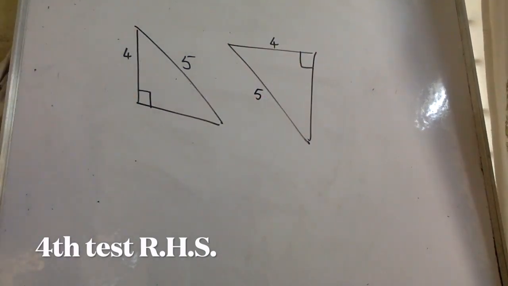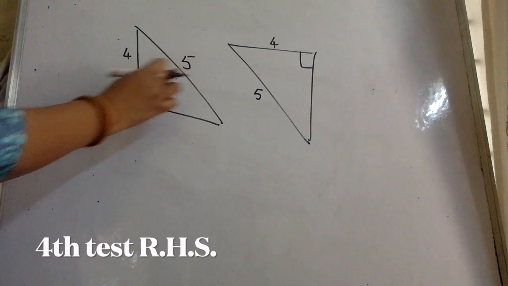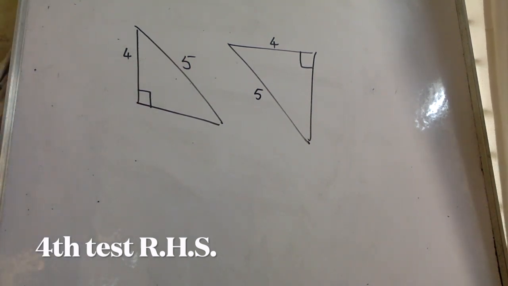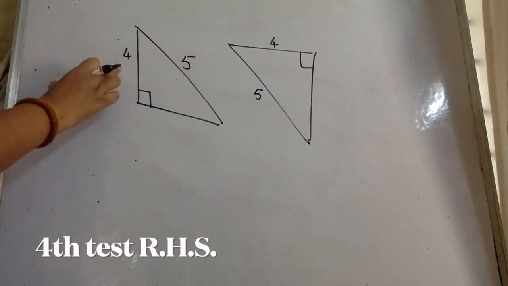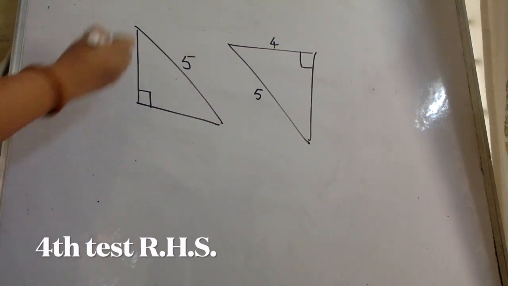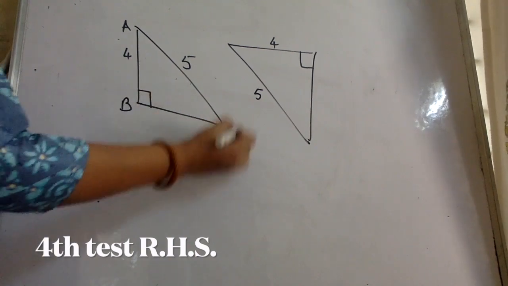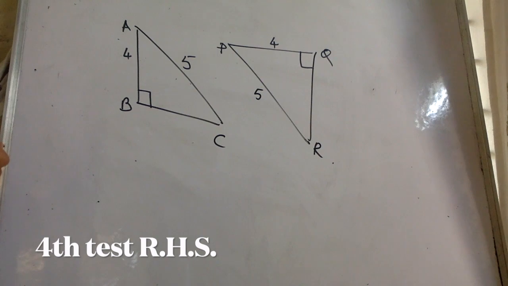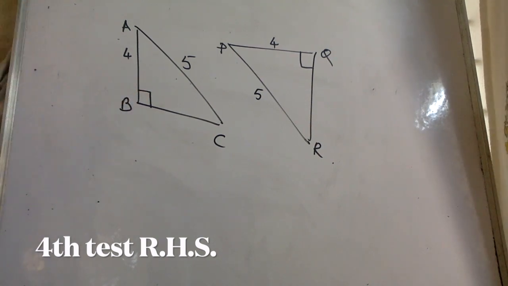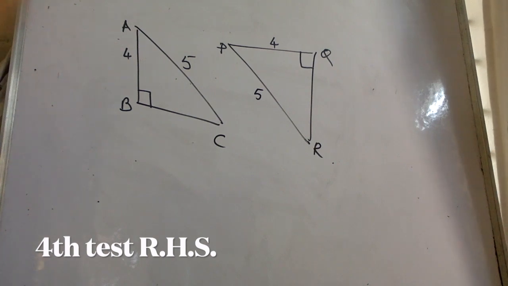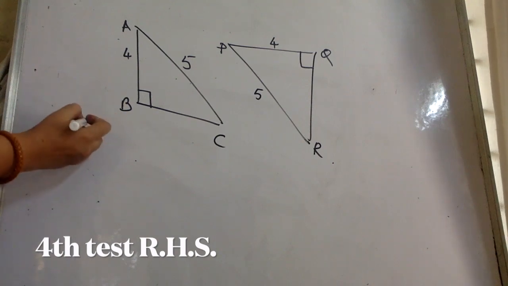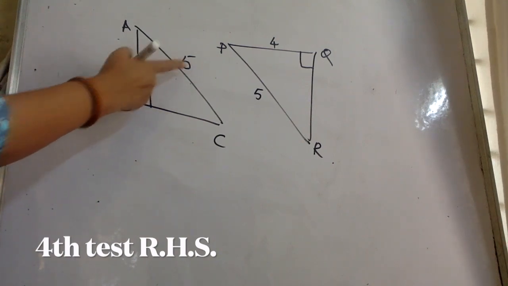Now remember one thing, the hypotenuse, that is the side opposite to the 90 degrees, is always going to be the longest side of the triangle. So this is 5, this is 4, this is 5, this is 4. Now let me name them A, B, C and P, Q and R. If you have a 90 degrees on observing the two triangles, the very first thing is a 90 and a 90 degrees, and then the hypotenuse is also equal.